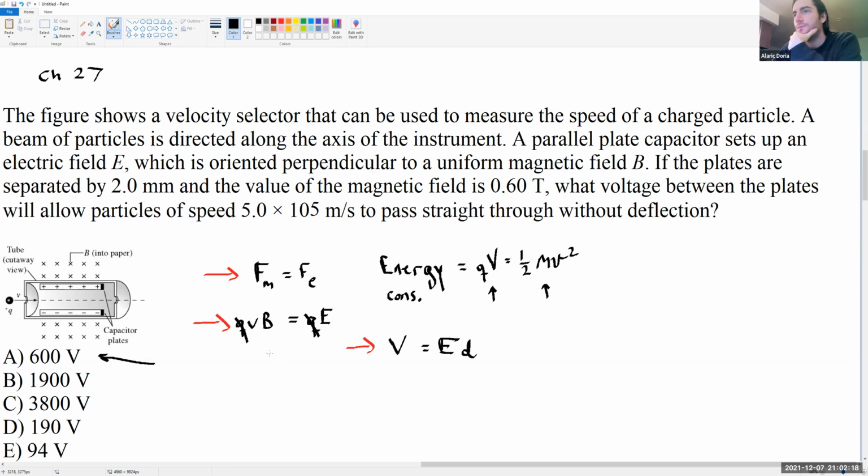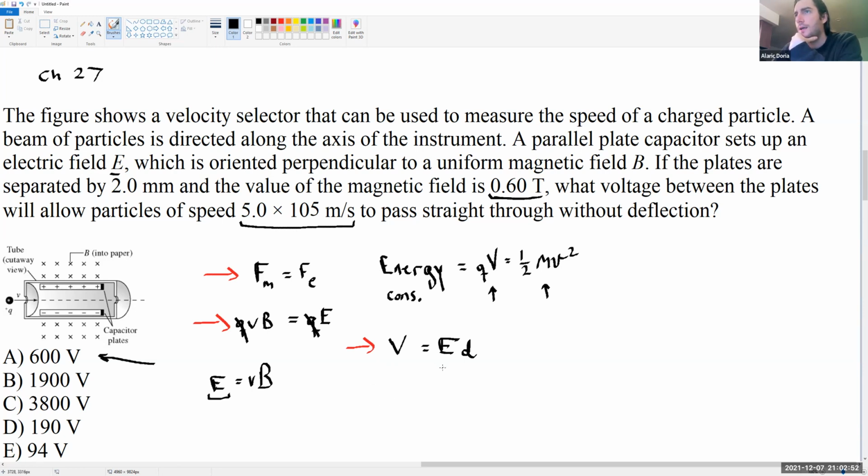We're told the magnitude of B, but we don't know the magnitude of E. So we should solve for the magnitude of E. Well, it's already solved for: E equals VB. In order to get the voltage, if we know the velocity and the magnetic field, we know the electric field now.